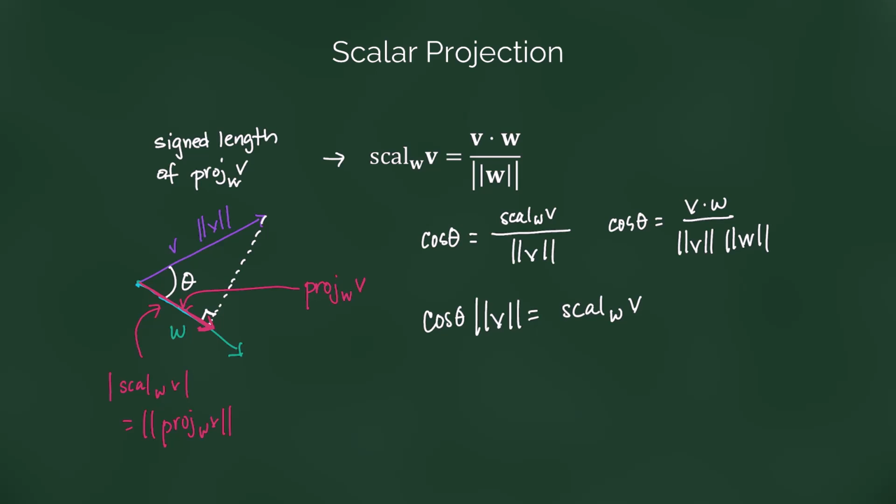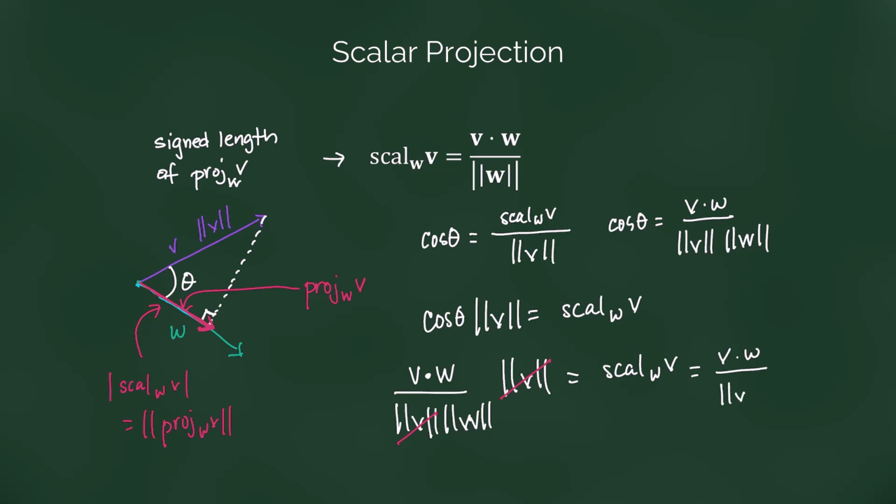Replacing cosine theta by what it's equivalent to, we get that v dot w, the dot product of v and w, divided by the magnitude of v times the magnitude of w, all times the magnitude of v, gives us the scalar projection of v onto w. We can obviously cancel out the two magnitudes of v that fall in that formula, and so we end up seeing that the scalar projection of v onto w is going to be v dot w divided by the magnitude of w.